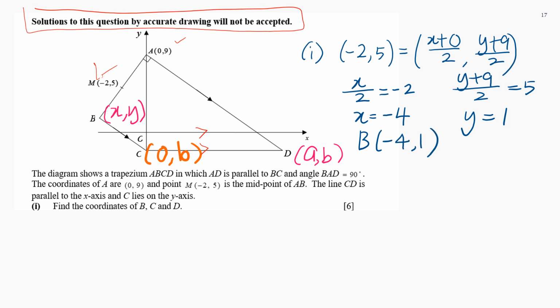So point B is negative 4, 1. So now we have to decide. We are left with points C and D, so we have to decide which point is easier to find.